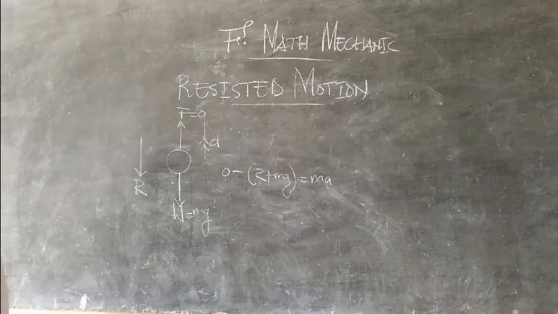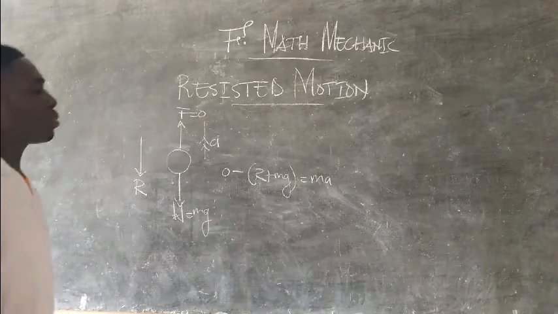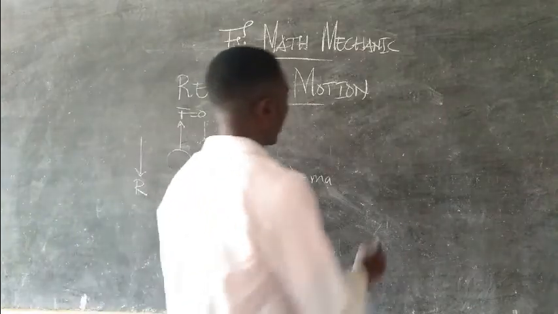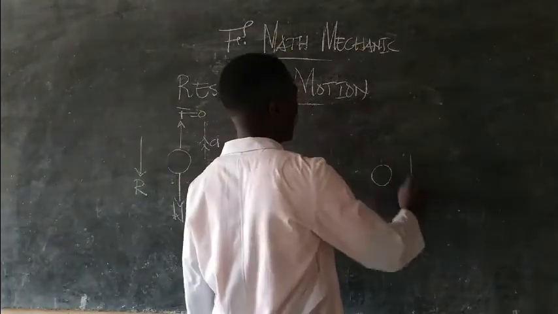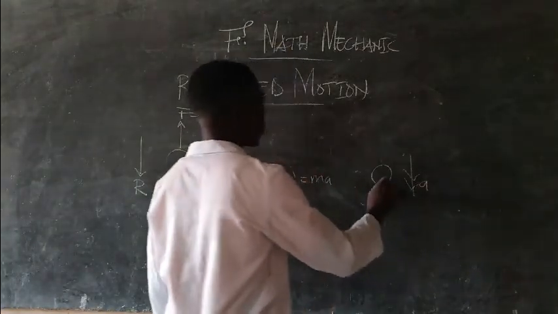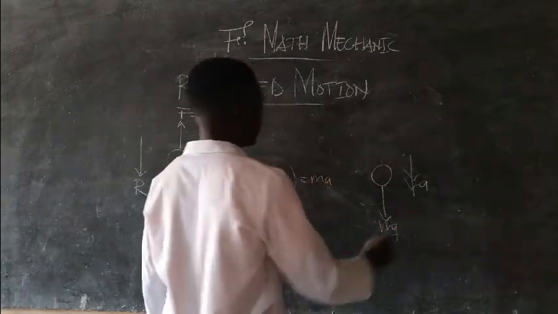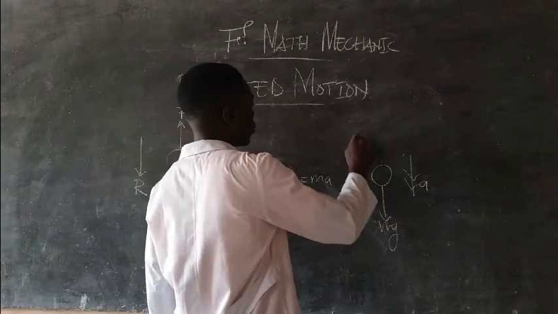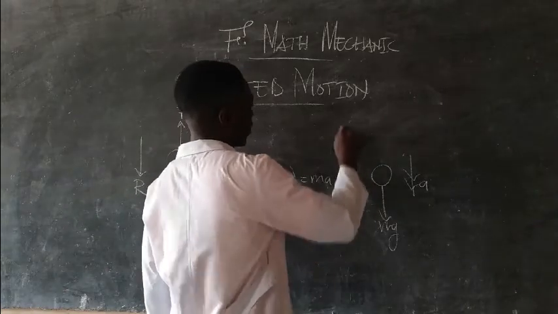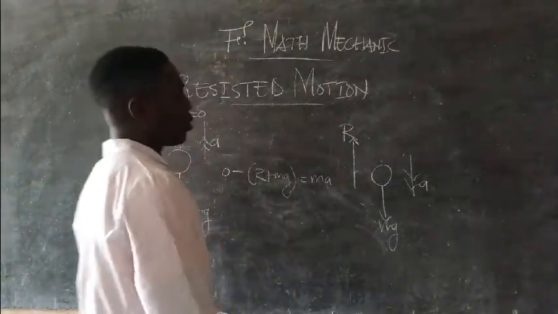Another thing I would like you to note is that if a particle is moving downwards, its acceleration is also in that direction. So the resistive force should be acting against its motion.